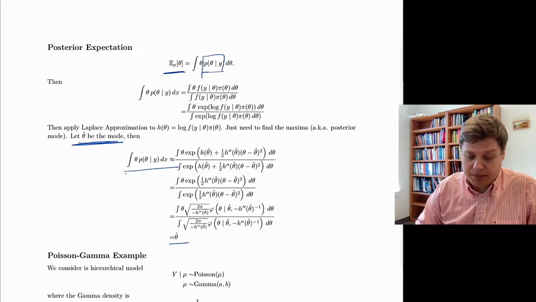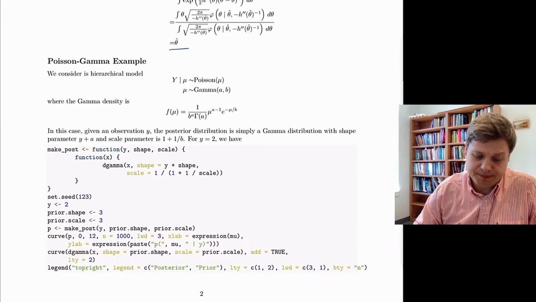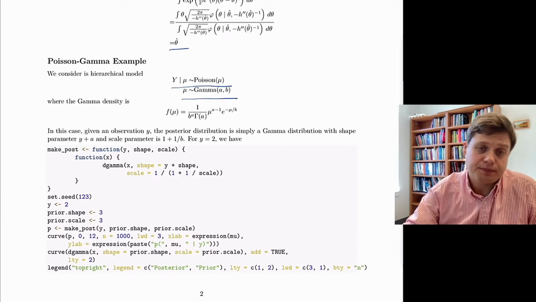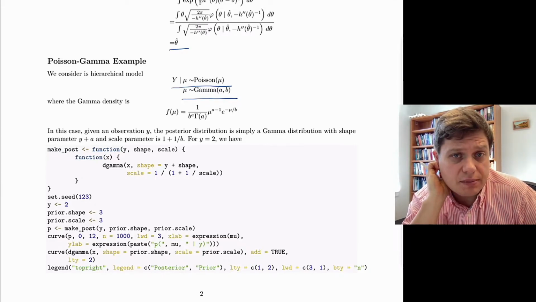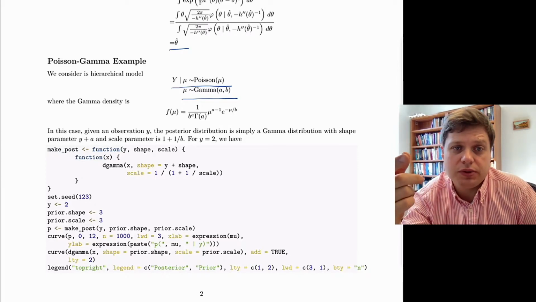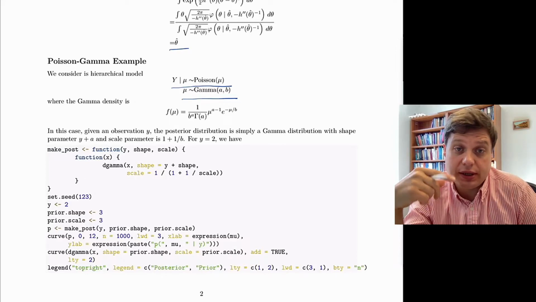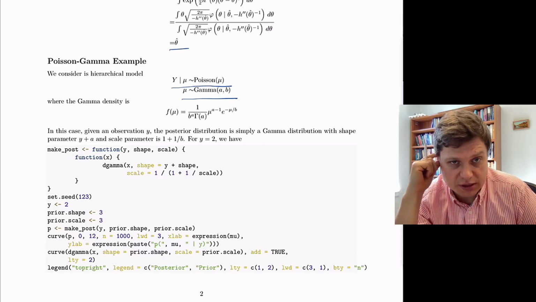Let's look at an example and apply Laplace approximation to the Poisson gamma model. So we have the Poisson likelihood and we have the conjugate prior in this case, a gamma prior for the mean parameter of the Poisson. In this case we do the conjugate example, so we actually can compare the analytically calculated posterior with the Laplace approximation of the posterior.